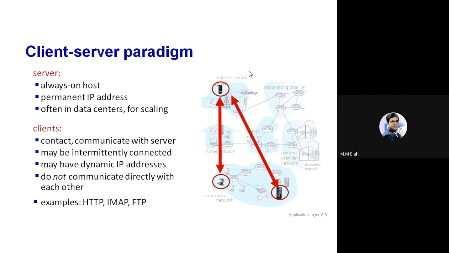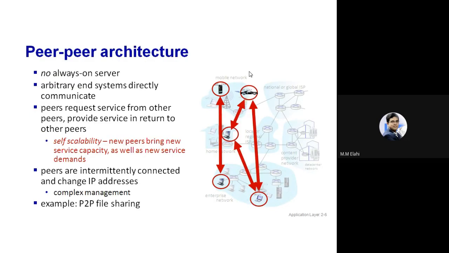And for peer-to-peer, there is no always-on dedicated server. That is the first point. Then any node can come on and off. It is not mandatory to have a fixed permanent IP address.